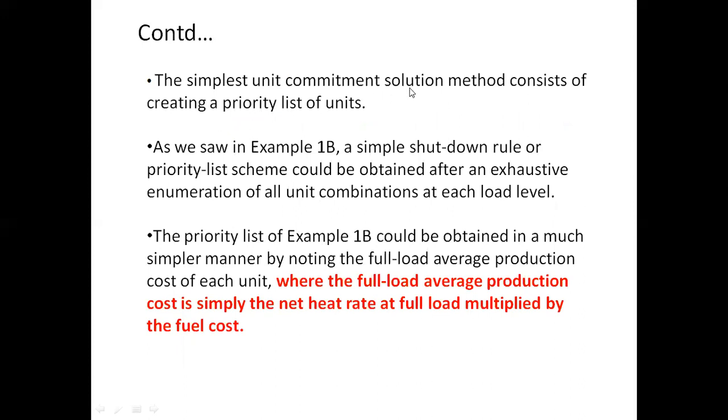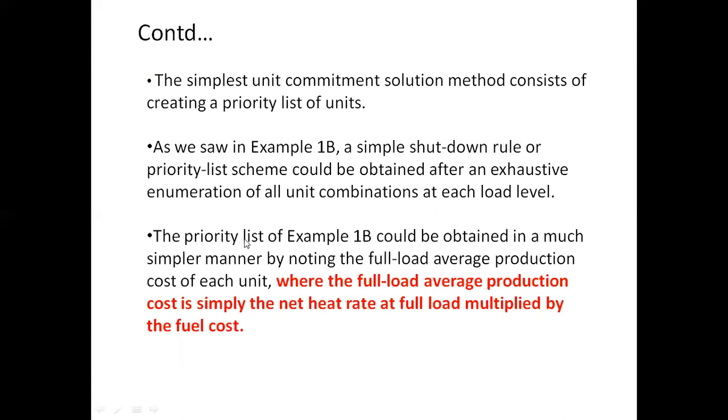The simple unit commitment solution method consists of creating a priority list of units. Now we saw in example 1b that a simple shutdown rule or priority list scheme could be obtained after an exhaustive enumeration of all unit combinations at each load level.